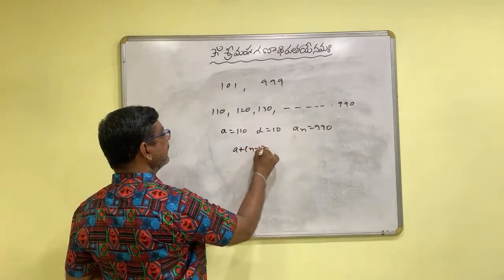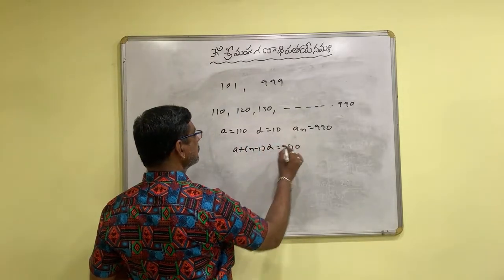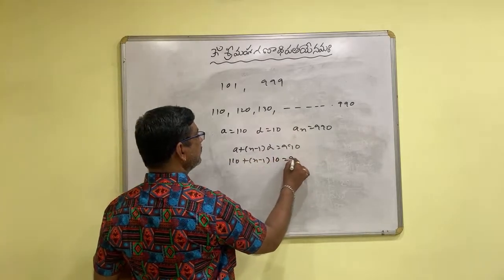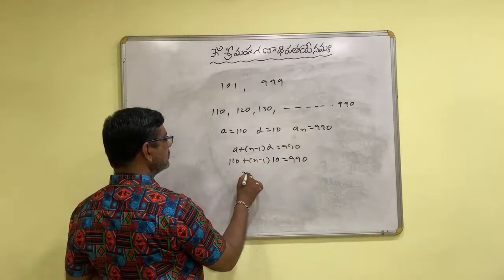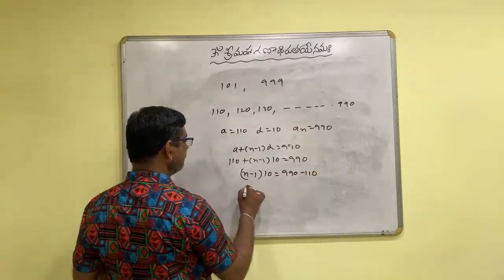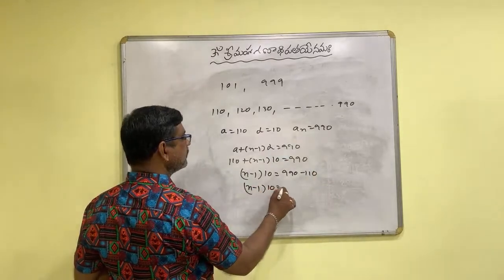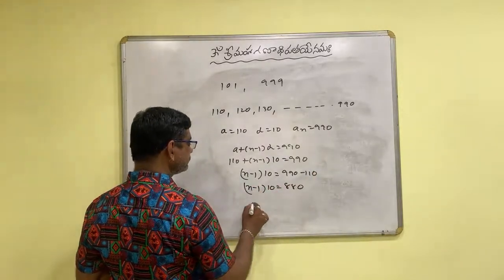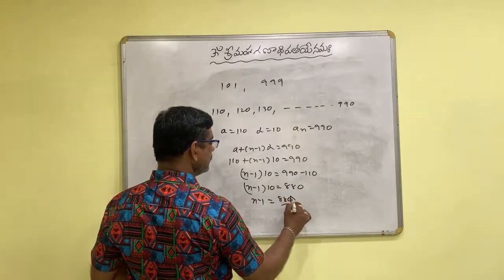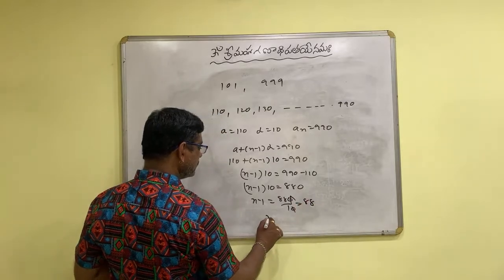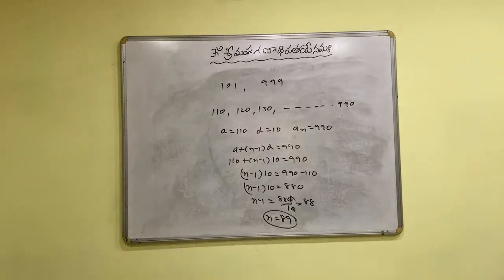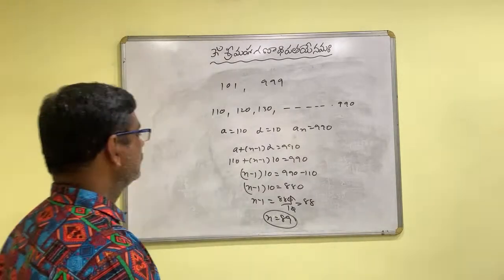You need to find the n value. 110 plus (n minus 1) times 10 is equal to 990. So (n minus 1) times 10 is 990 minus 110, that is 880. n minus 1 is equal to 880 by 10, that is 88. n is equal to 89.